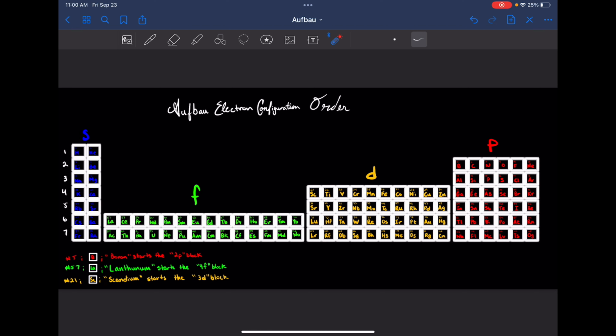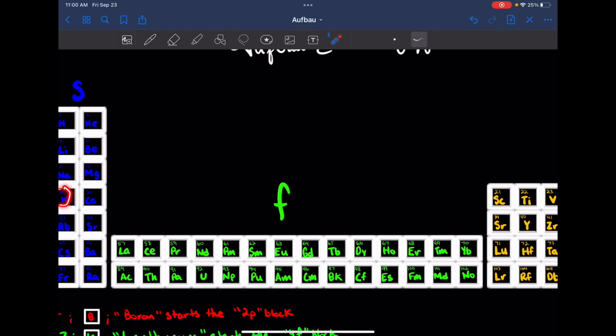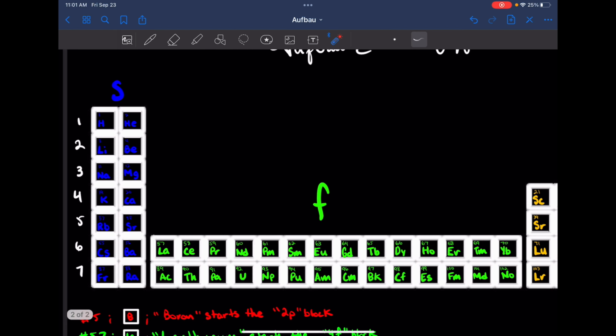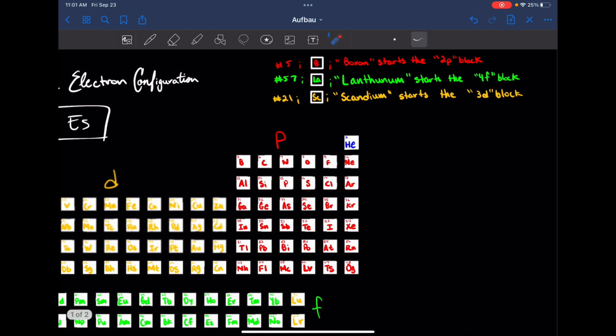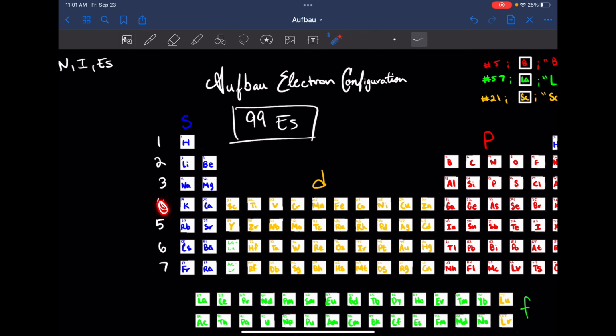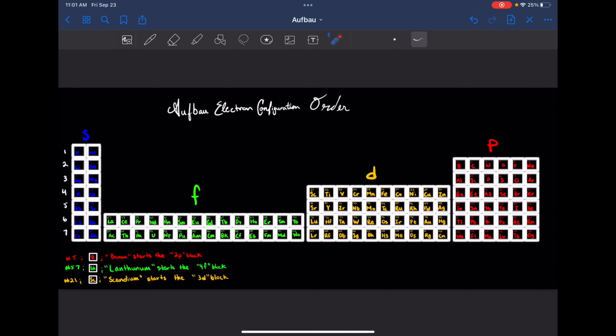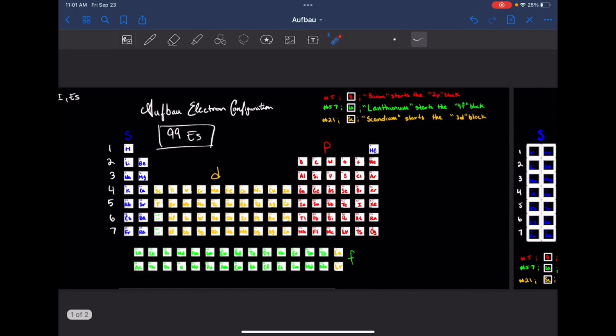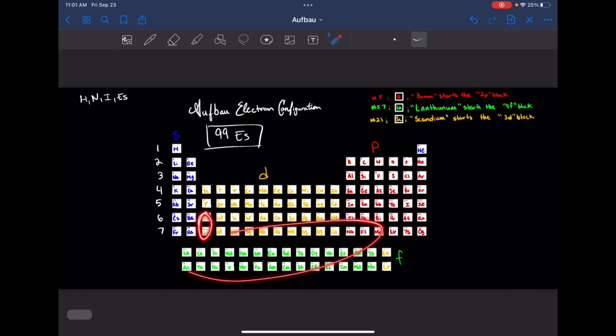Same thing with the D block. See, we have 19, 20, then this huge gap, and then 21. So when we hit our period 4, right here, we have to be interrupted with this D block. I mean, that's already in order, as you can see right here. This is why the F block is interrupting us right here.